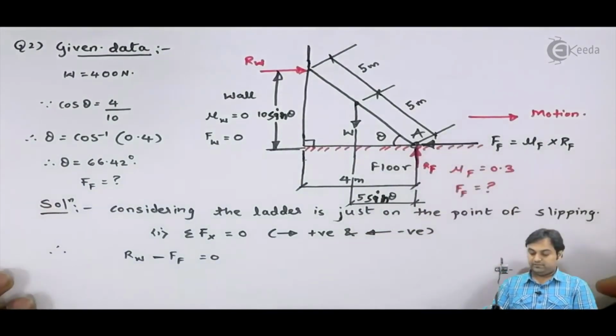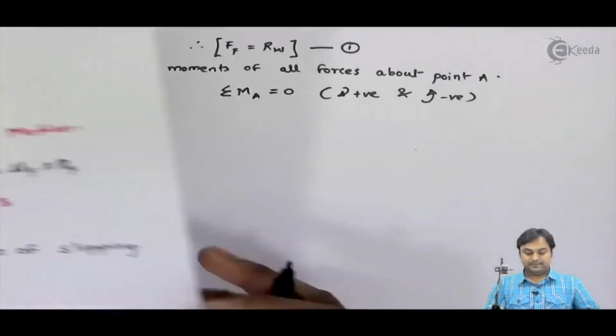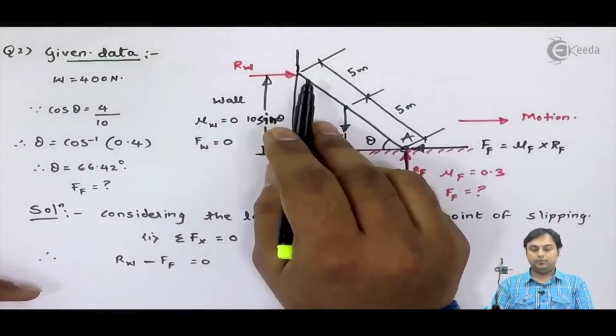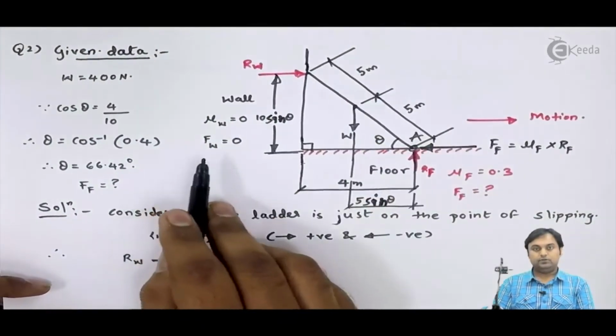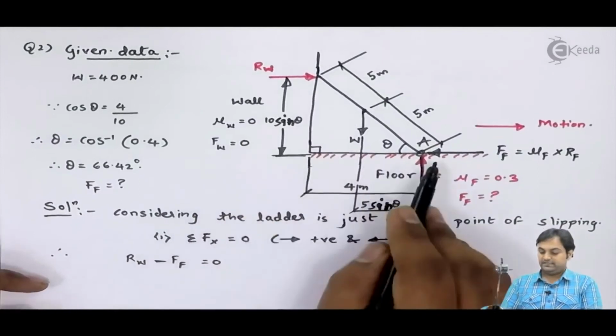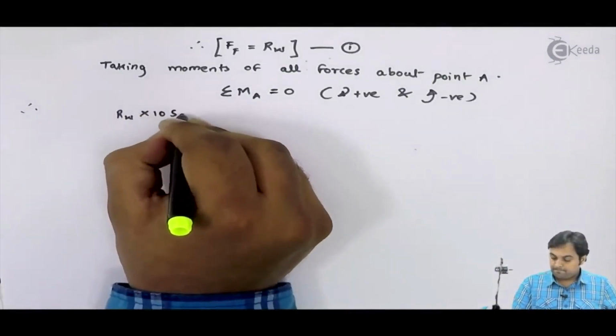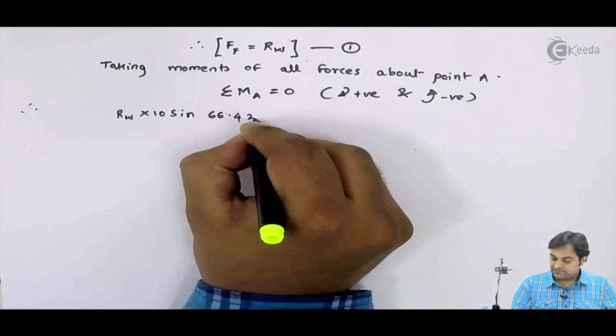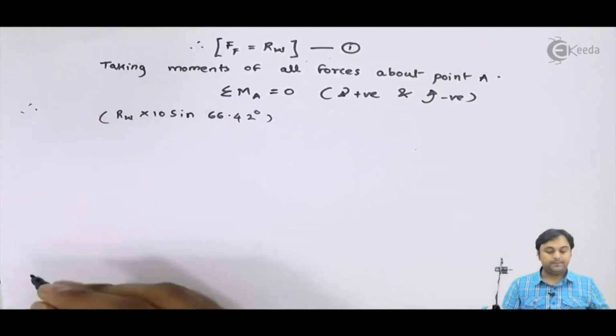Now I would be taking the moments at point A. First, starting with Rw, it is in clockwise direction, so it is plus Rw into 10 sine theta. Theta is 66.42 degree. We have just calculated it in the data.